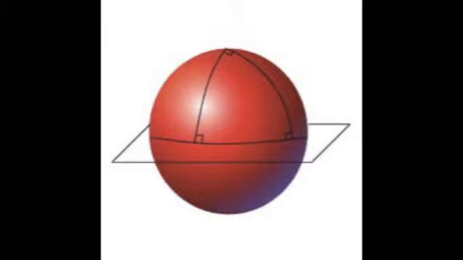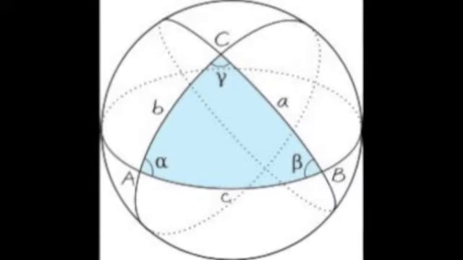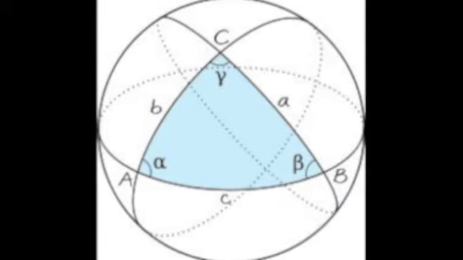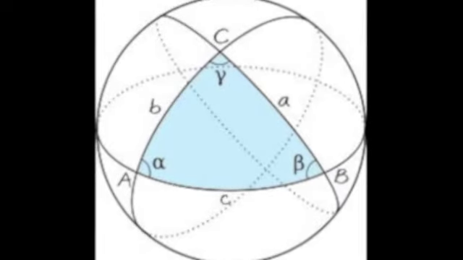greater than 180 degrees. In this example, the two meridians of longitude are separated by an angle of 90 degrees each, and they are both perpendicular to the equator, and so each angle in the spherical triangle is 90 degrees, and that makes the sum of the angles 270 degrees.